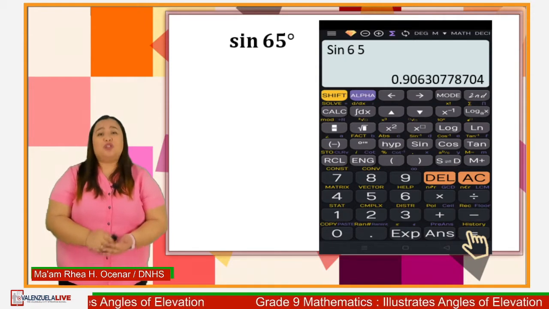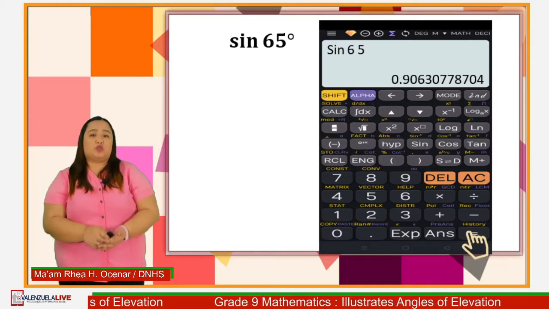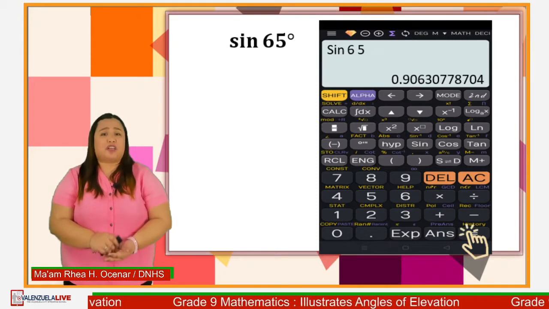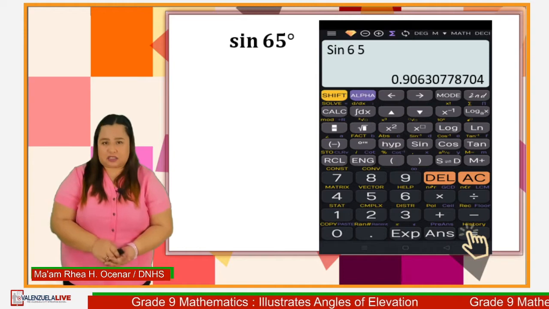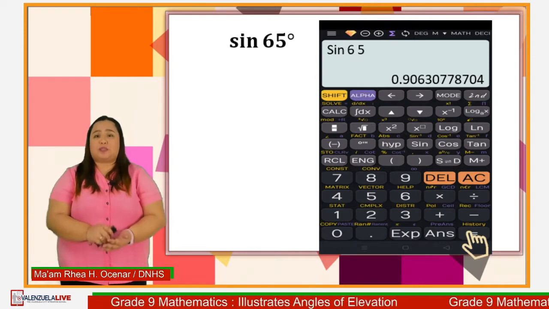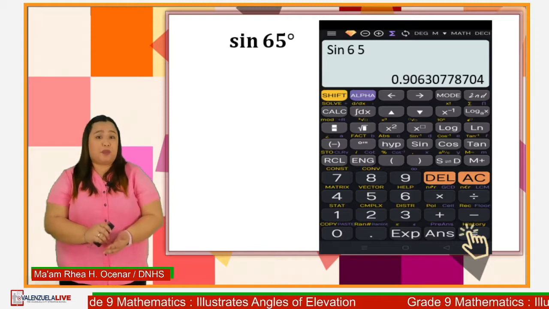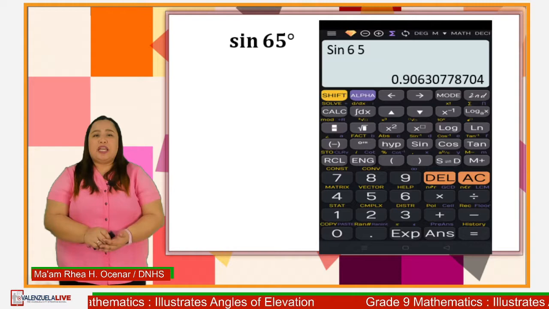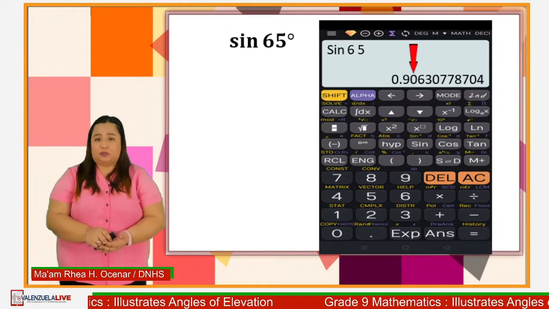We can round off the value according to what place value we want. Example, let us find the value of sine 65 degrees to the nearest hundredths. Look for the hundredths place. Can you identify the number in hundredths place? Very good. The number in the hundredths place is 0.